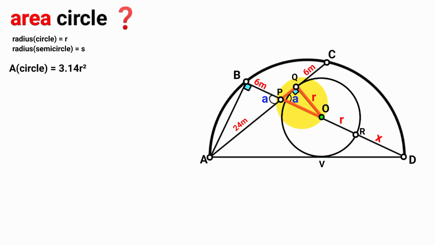Let's compare this triangle and this triangle. Both are right angle triangles and both have an angle A. That is, they are similar. So if we take the ratio of their sides, this side facing the right angle divided by this side must be equal to this side also facing the right angle divided by this side.